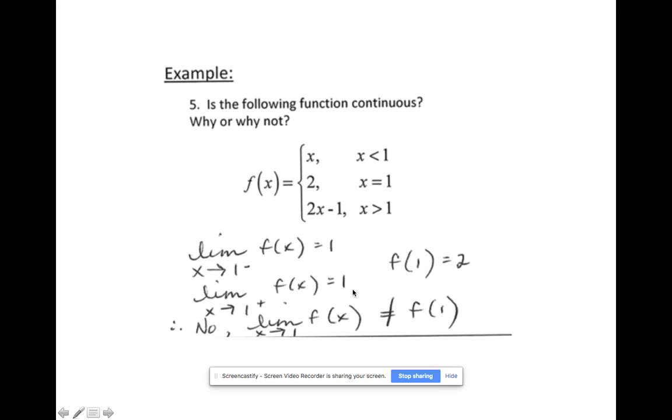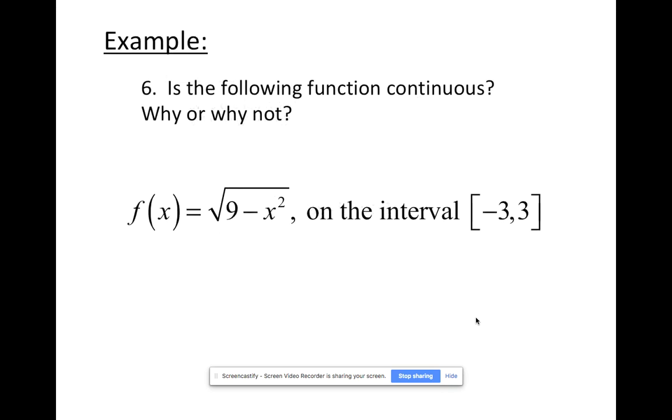So that's good. Those two are going to meet at the same spot. But then when I check what f of 1 actually is, it turns out to be equal to 2, which means that this one is not continuous. And we would say, no, it's not continuous because the limit as x approaches 1 of f of x is not the same as f of 1.